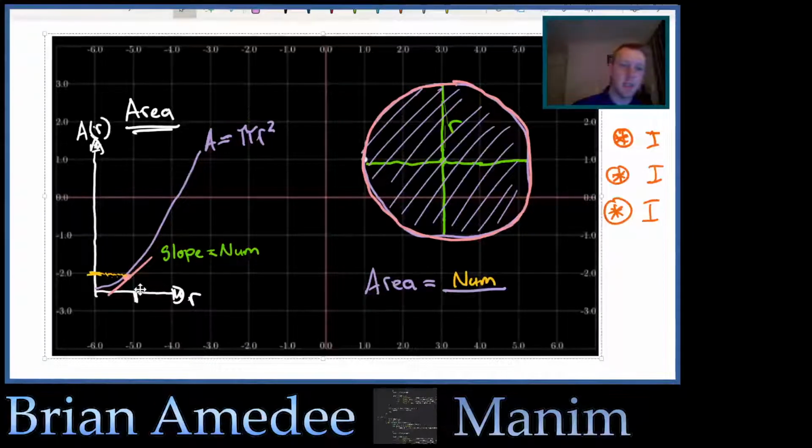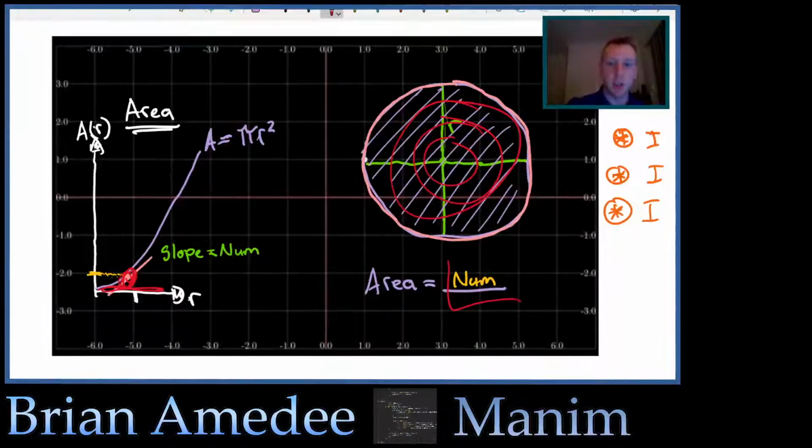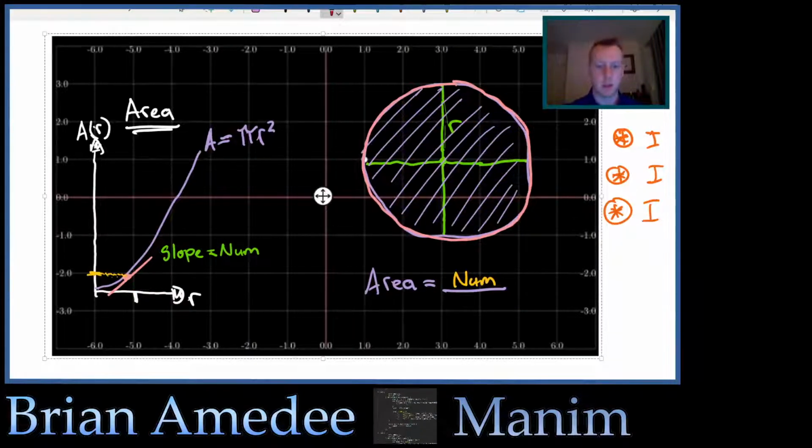So as this value is changing along there, as we're going along here, this will be getting bigger and bigger, and it'll tell me the exact number given by wherever I am along my y-axis. Okay, so that's pretty awesome. So that's kind of nice.